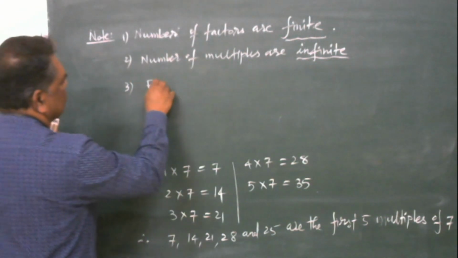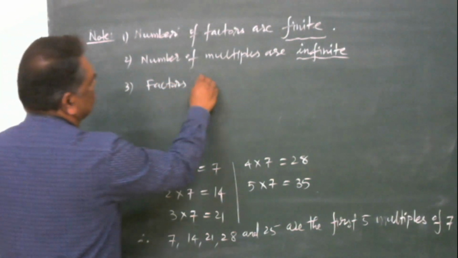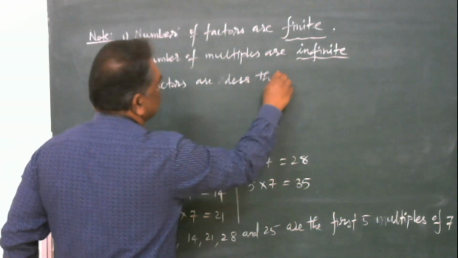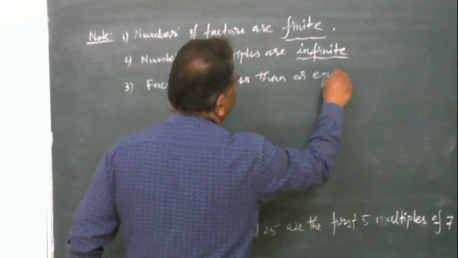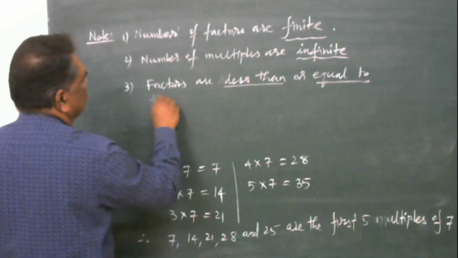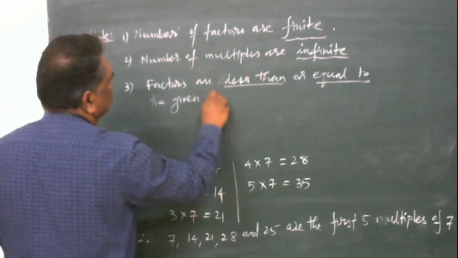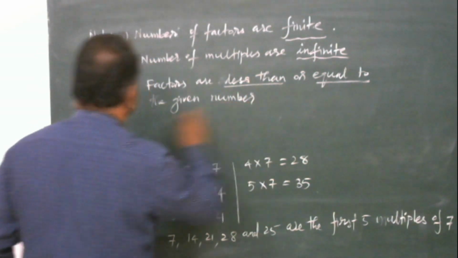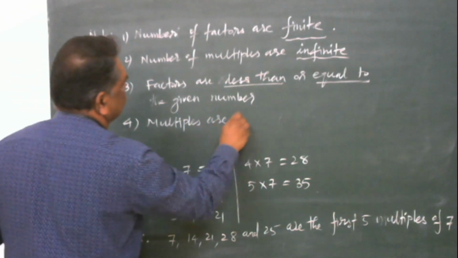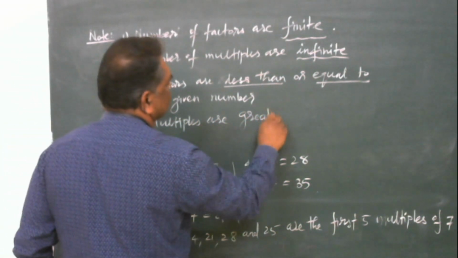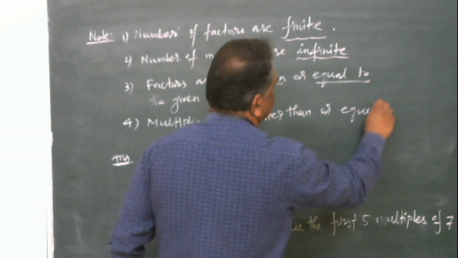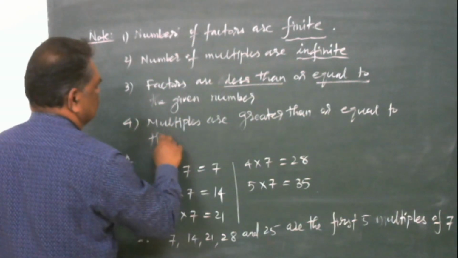Factors are less than or equal to the given number. Multiples are greater than or equal to the given number.